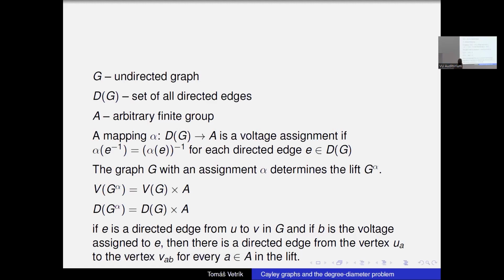And now we are going to have a larger graph. From the graph which has only 2 vertices, the lift will have 2 vertices for each of those, but actually 5 vertices each, because the group has 5 elements.